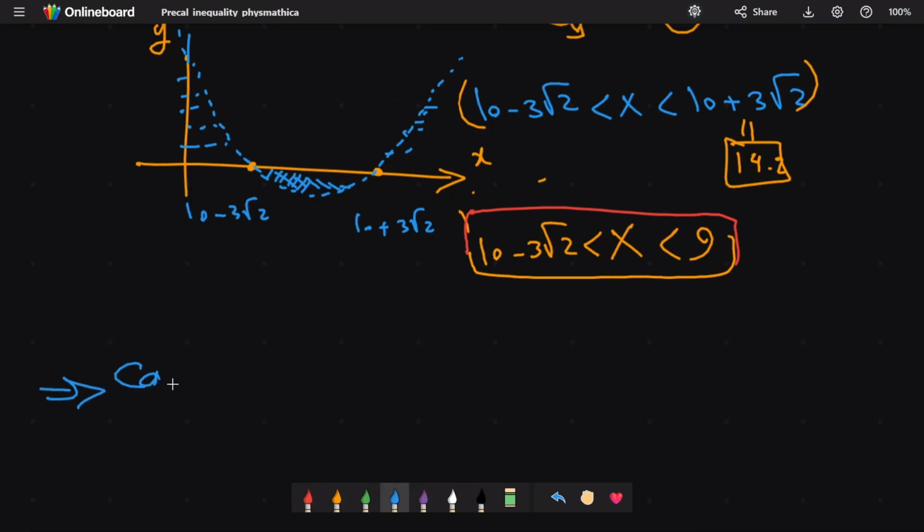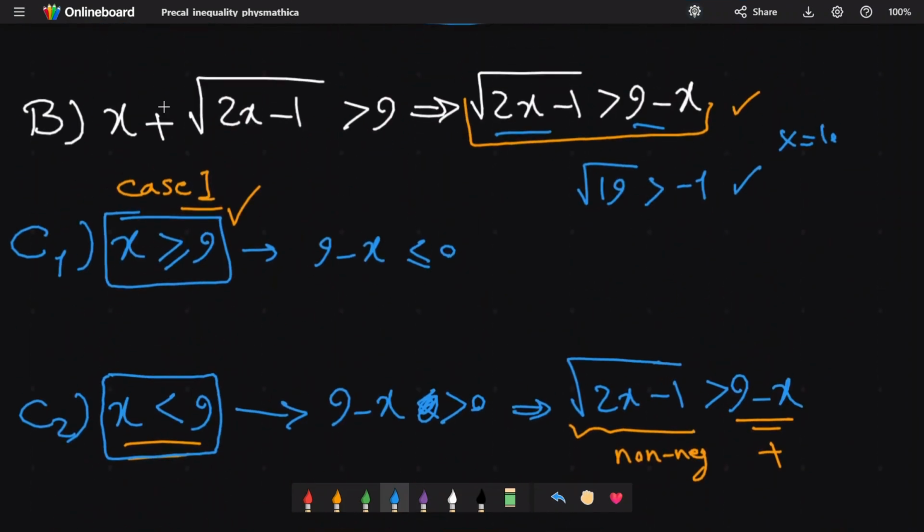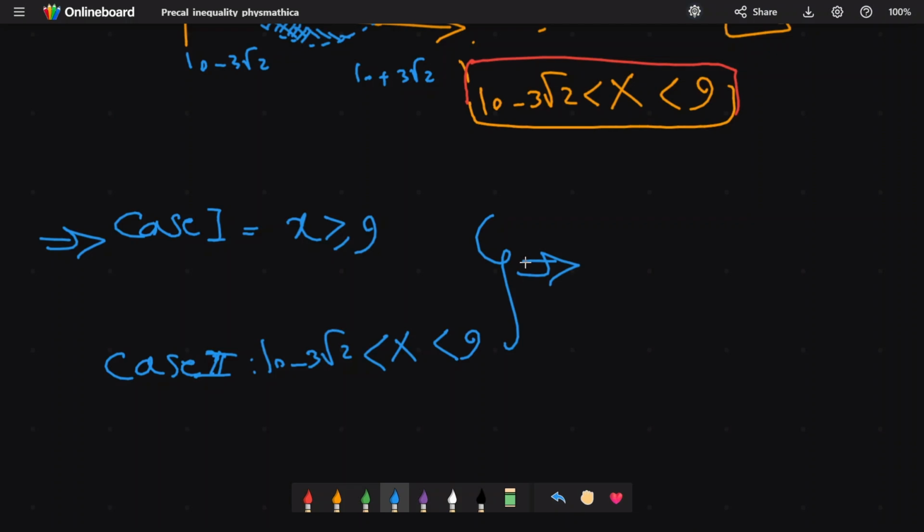We had case 1, in which x has to be bigger than 9. If you remember from here, our case 1 was that x has to be bigger than or equal to 9. And our case 2 is that x has to be less than 9 and between 10 minus 3 square root of 2. Now this is going to conclude our solution.